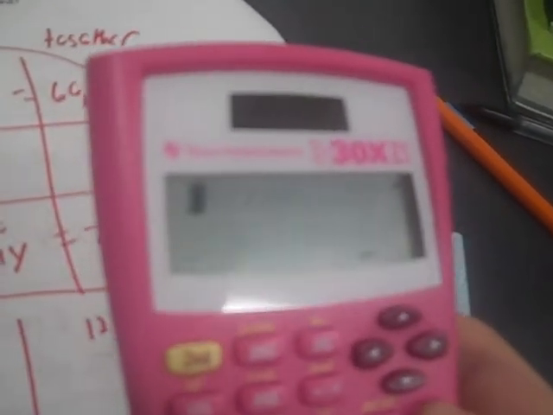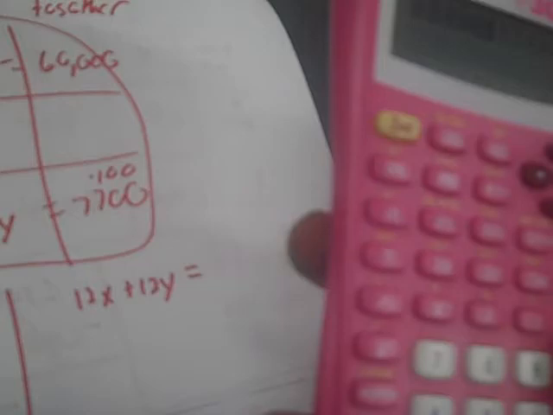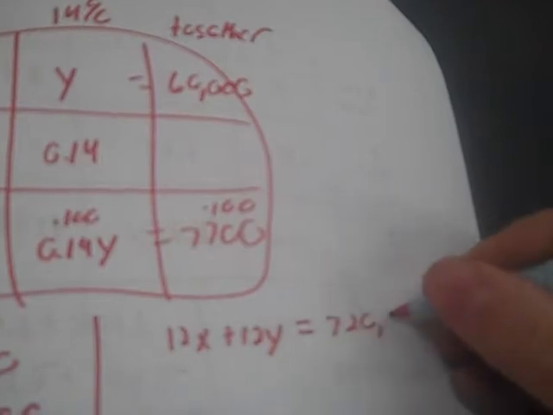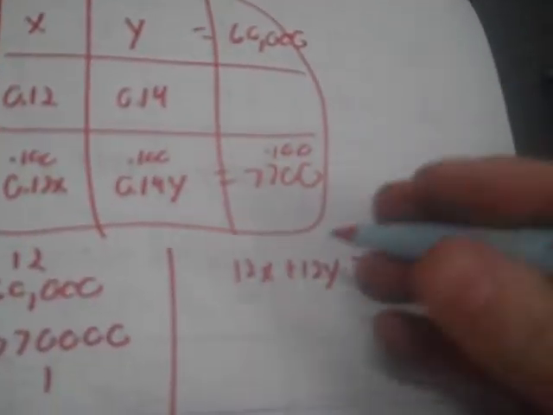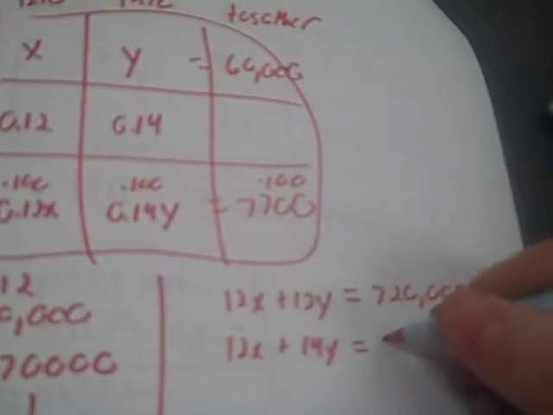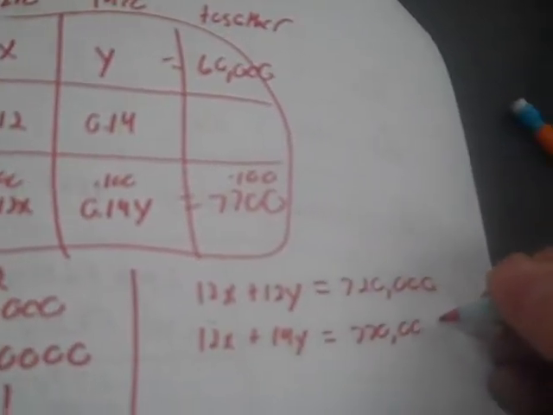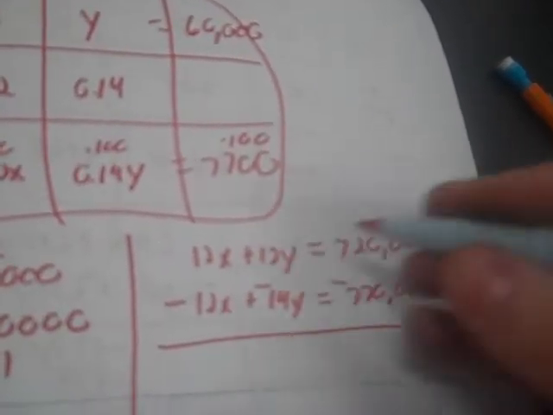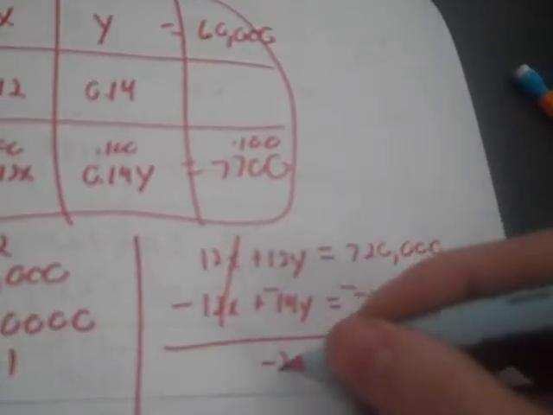Then I take 60,000 times 12, and that gives me 720,000. Bottom 12X plus 14Y. Negative, negative, negative, and that makes negative 2Y.